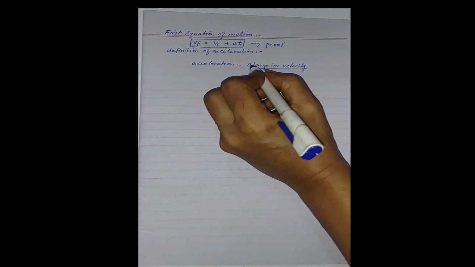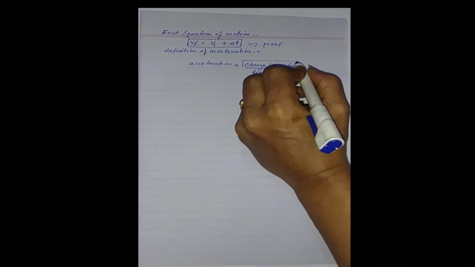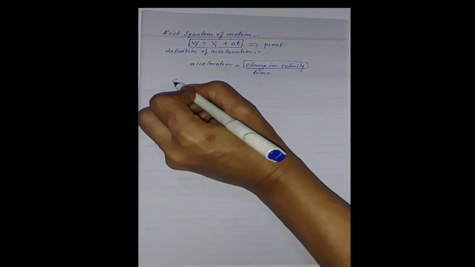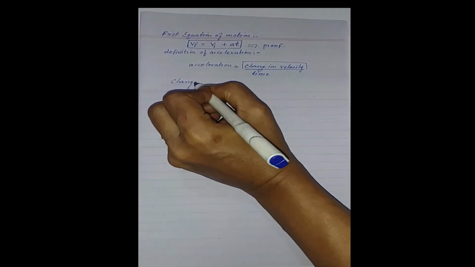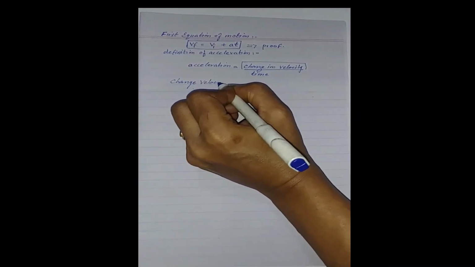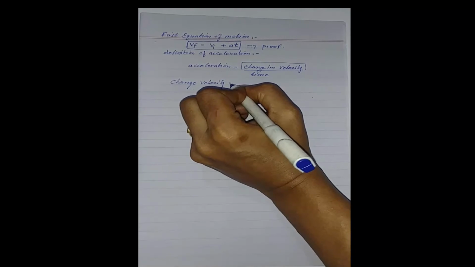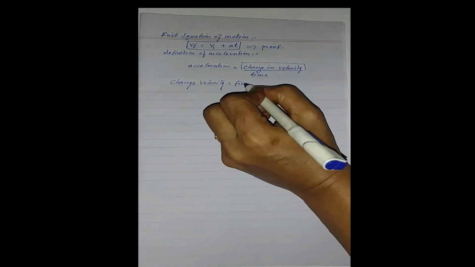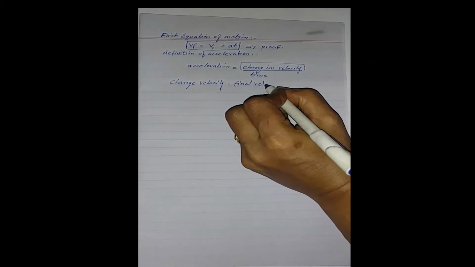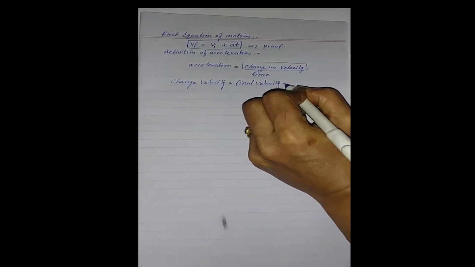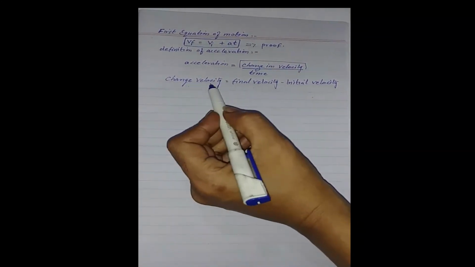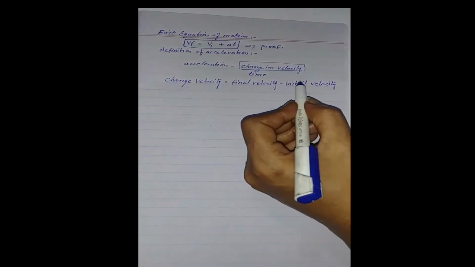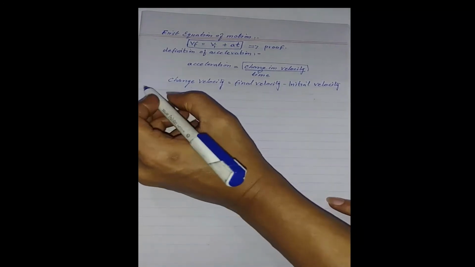Now we have a statement over here, that is change in velocity. Change in velocity formula is final velocity minus initial velocity. Change in velocity is equal to final velocity minus initial velocity.